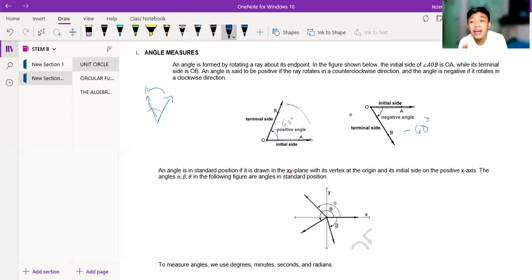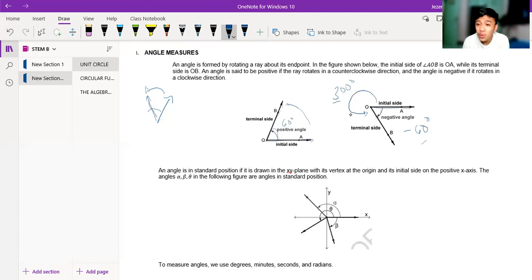Ibig sabihin, hahanapin natin yung initial at terminal side niya kung paano ba umikot. Ay sir, paano po pag may ganito? Ayan. Ibig sabihin, positive po yung angle dito, which is, kung 60 ito, so 360 ang isang buo, so 300, ibig sabihin ito pala ay positive 300 degrees.